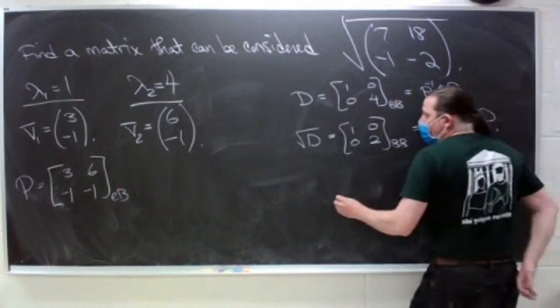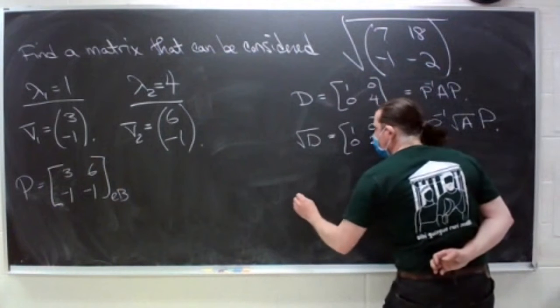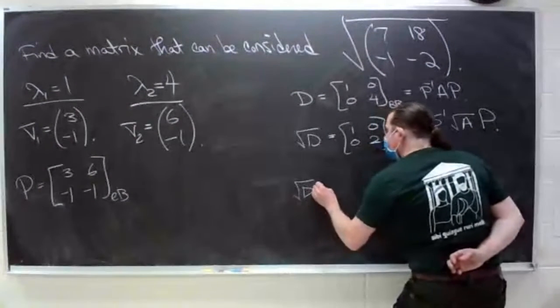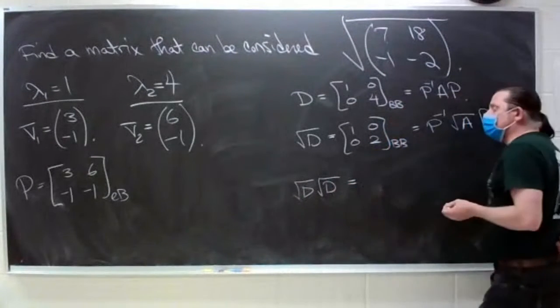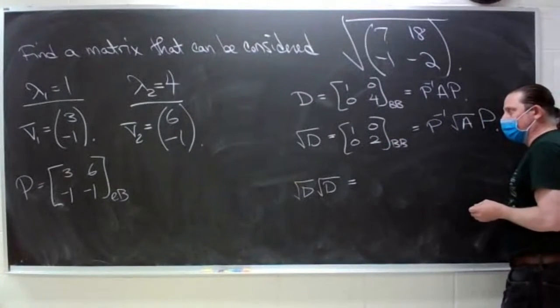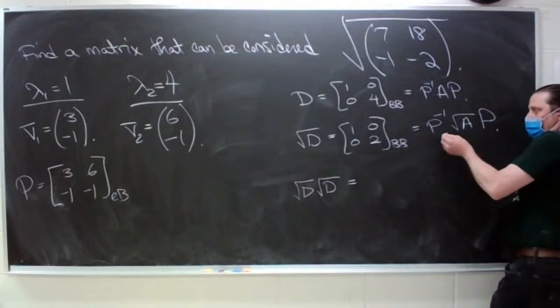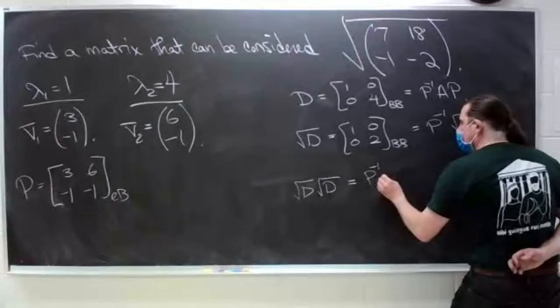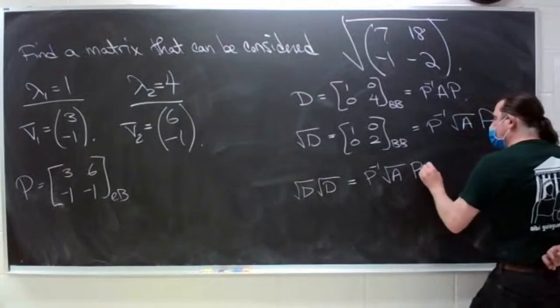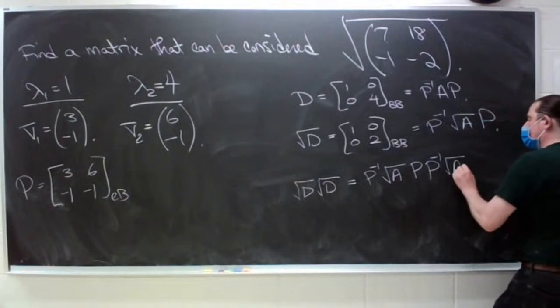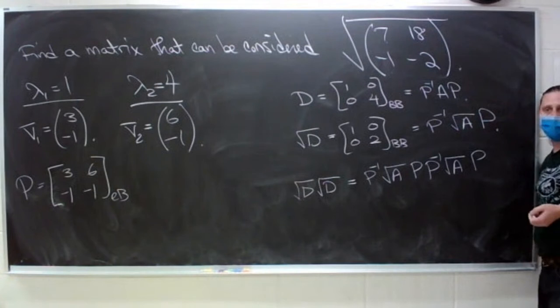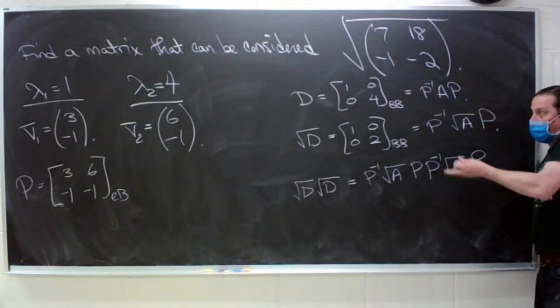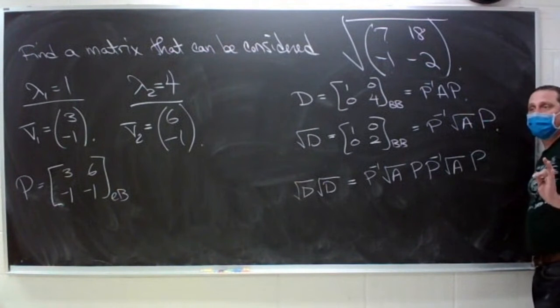Okay? If I multiply the square root of D by itself, over here, I'll get P inverse square root of A, P inverse square root of A, P. All right, I literally just wrote this matrix next to itself.